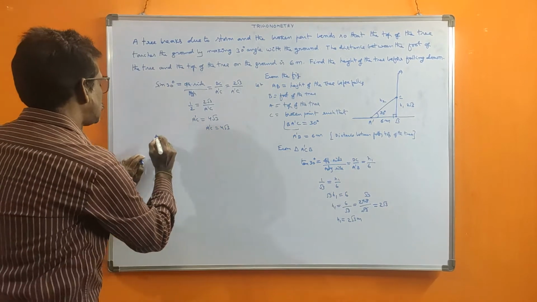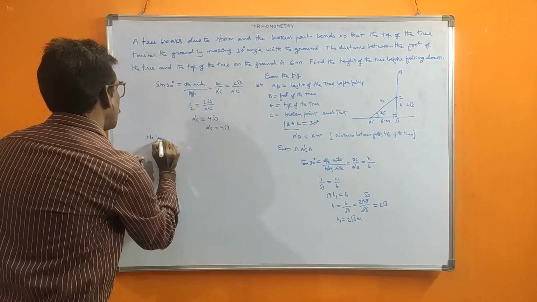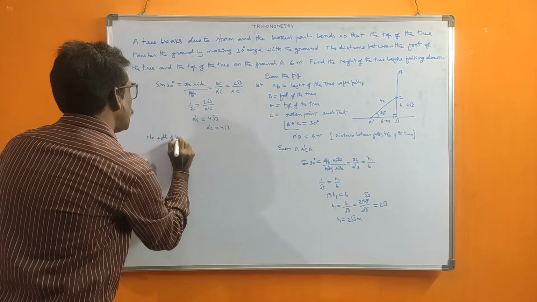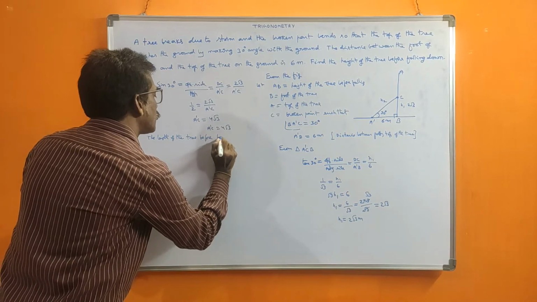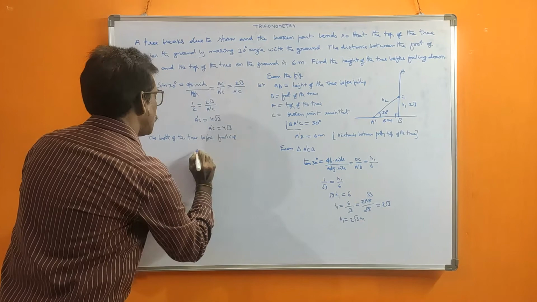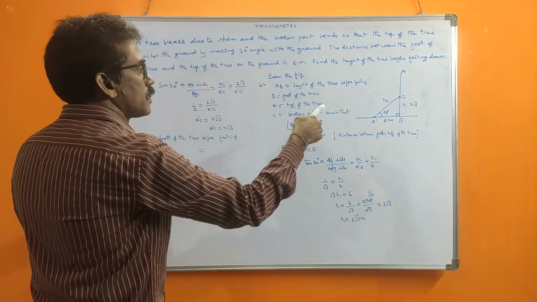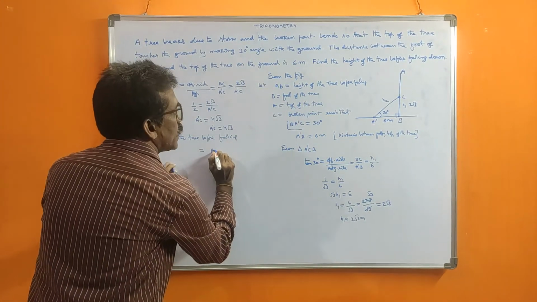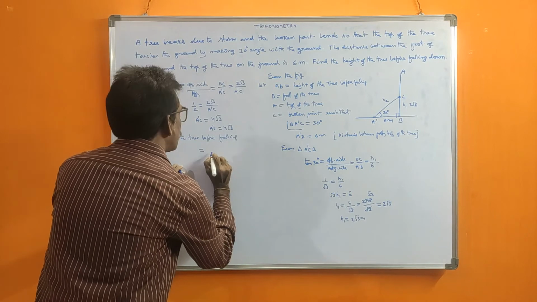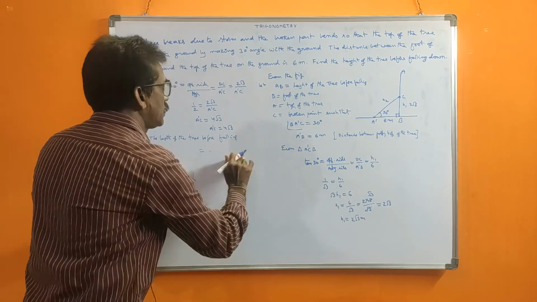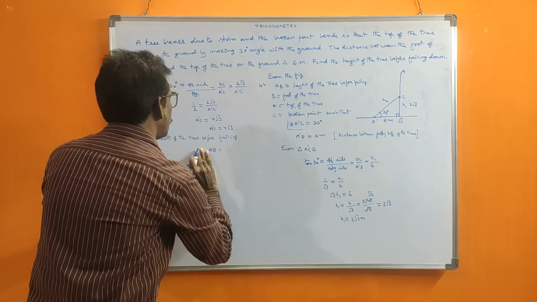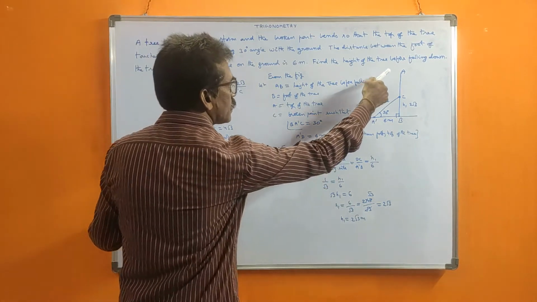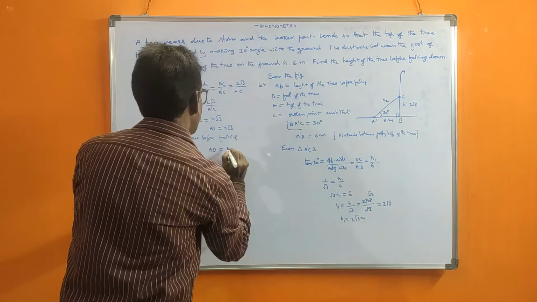Now, what is the length of the tree before falling? AB is equal to the length of the tree. AB is equal to BC plus AC.